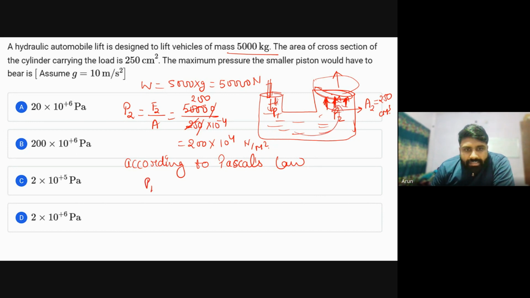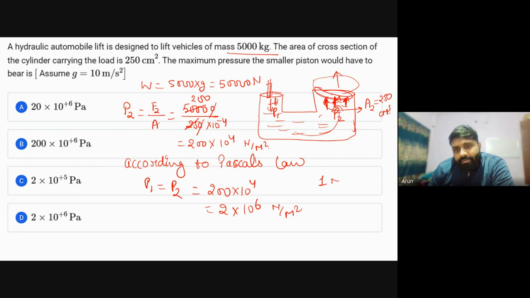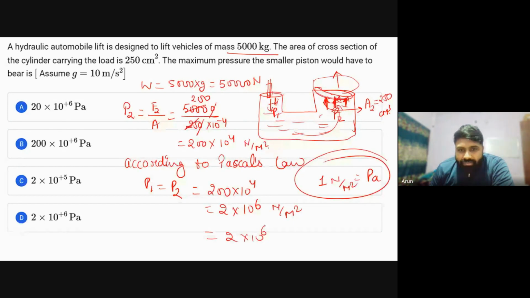So P1 is equal to P2, which is 2 into 10 raised to the power 6 Newton per meter square, and we know that 1 Newton per meter square is equal to 1 Pascal. So it is 2 into 10 raised to the power 6 Pascal.